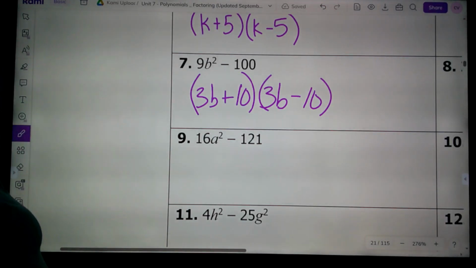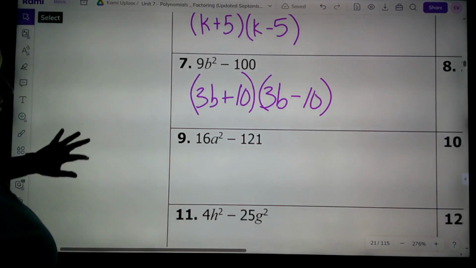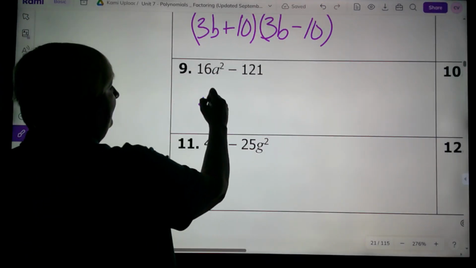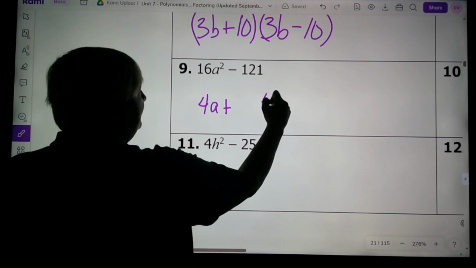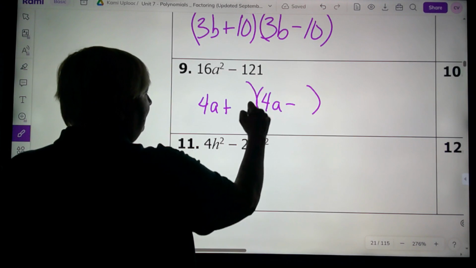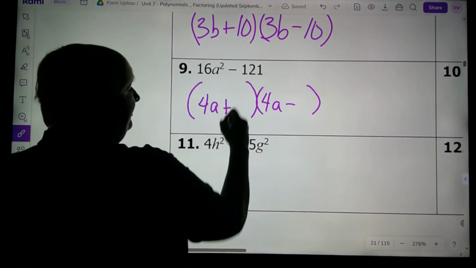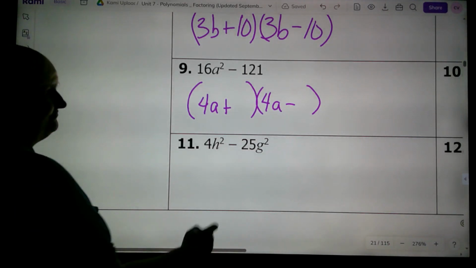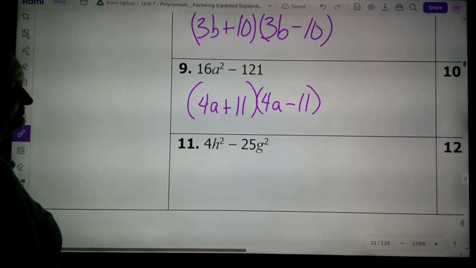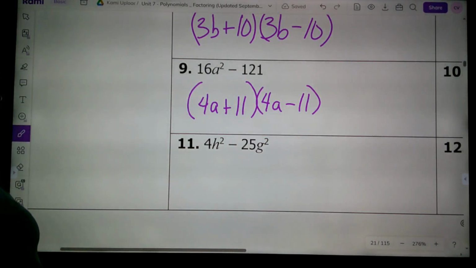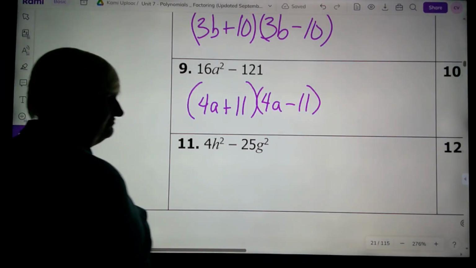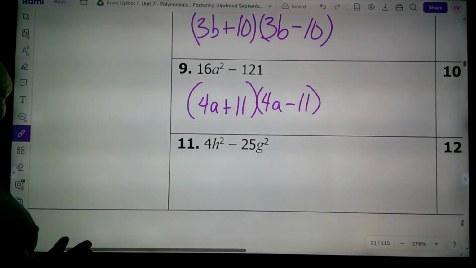All you're doing is breaking it into squares. 4a plus, 4a minus. 121 is what? 11 times 11? Square, square, square, square. As long as it's all square, it's not prime.